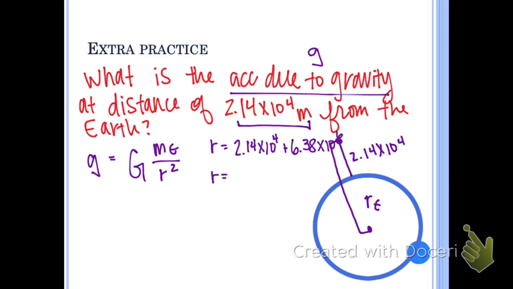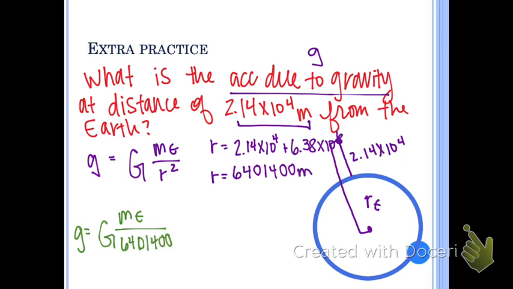And so that gives me a radius of 6,401,400. Okay, and once I've got that done, now I can just go ahead and plug it in. Okay, g equals big G, mass of the Earth over, and I got to square that radius.